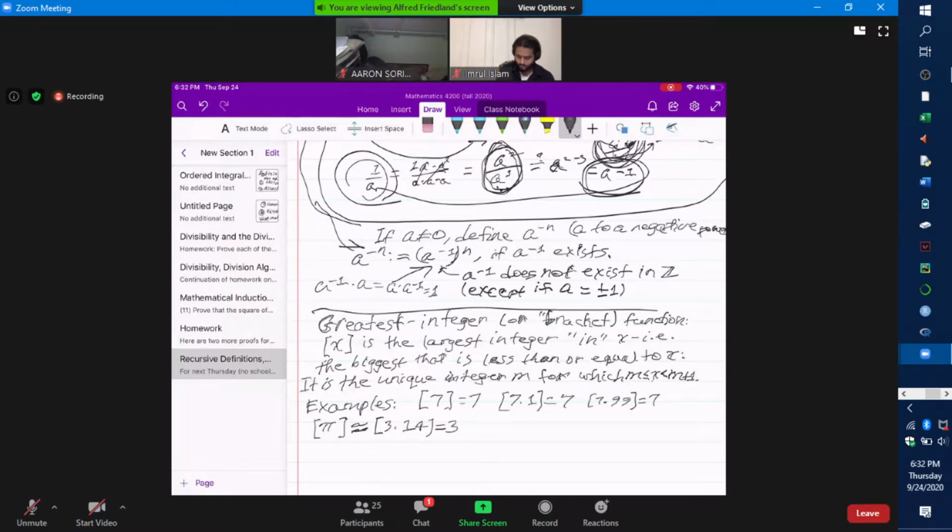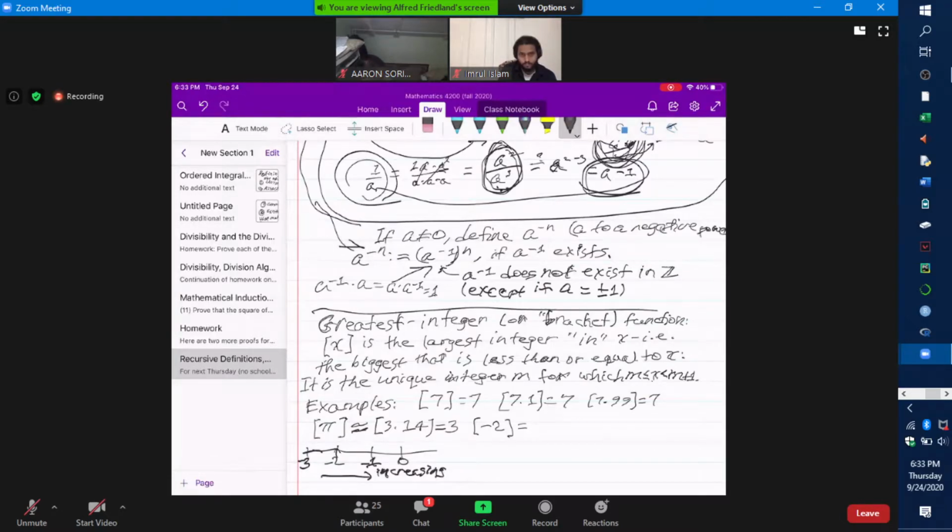Let's take a look at the bracket function for negative numbers, say this. The number line, the way I've drawn it, is increasing to the right.